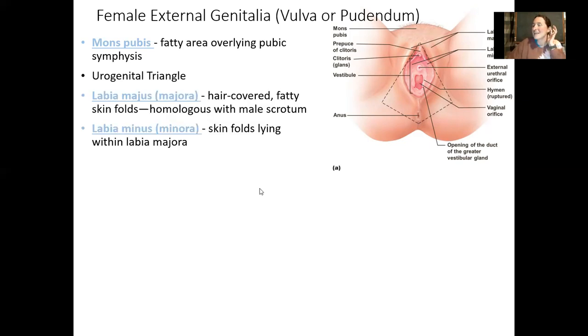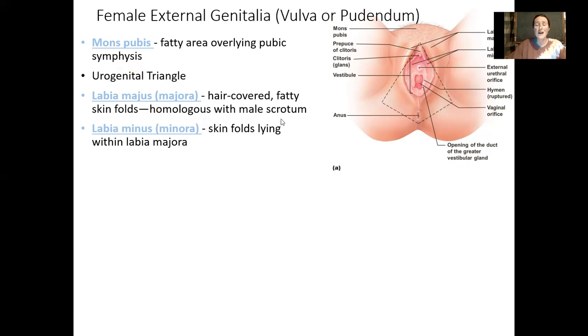The vulva itself also contains 2 pairs of lips. So lips referred to by the labia here. This is Latin for lip. The labia majora or majus is the outer pubic hair covered folds, and it is homologous with the male scrotum.